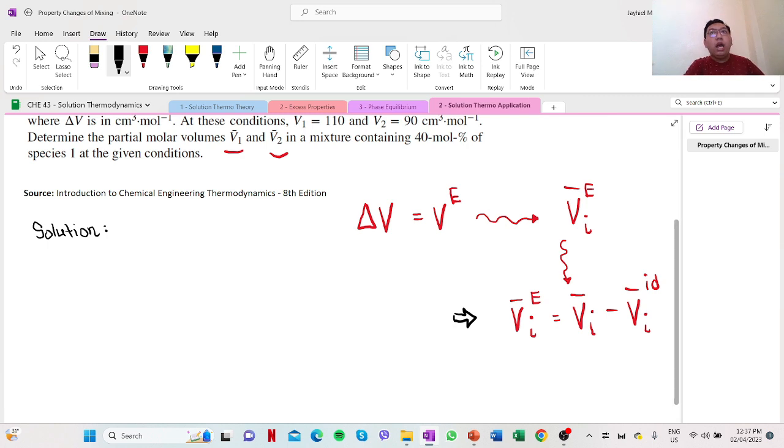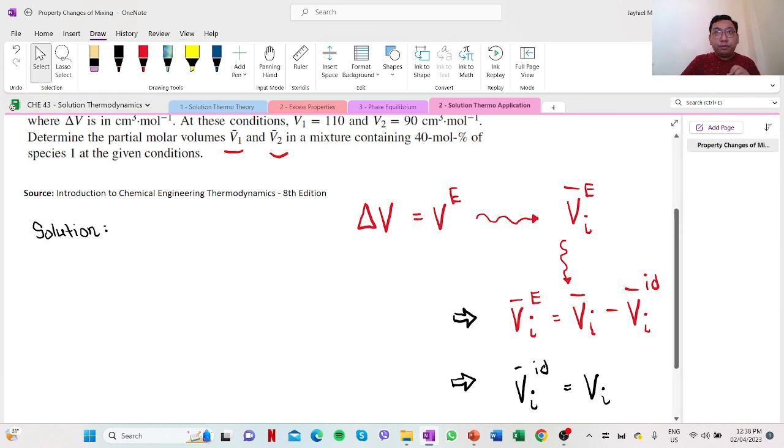But how will I know the partial molar property of a particular species under ideal conditions? You also need to remember that whatever the pure component property of the species is essentially equal to its partial molar property under ideal conditions.